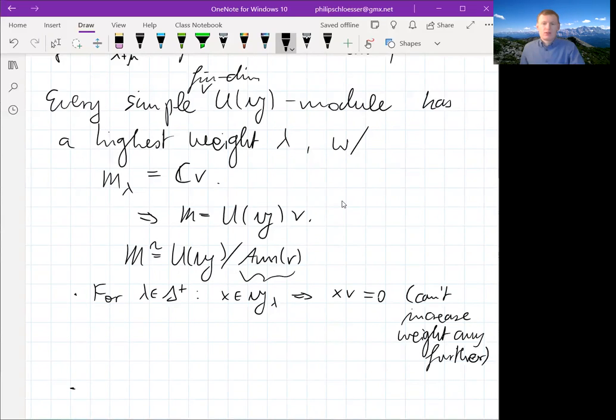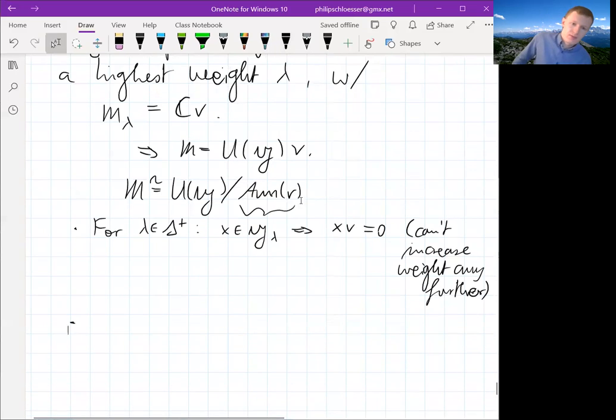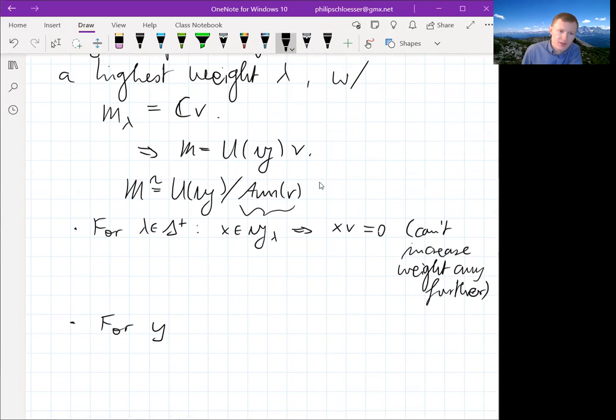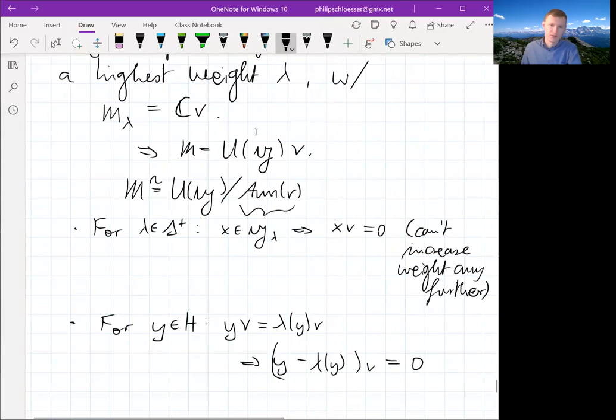And secondly, we know that it's in this weight space. So for any element y of our Cartan subalgebra, we have y times v is equal to lambda of y times v. So in other words, y minus lambda of y, applied to v, is also 0.